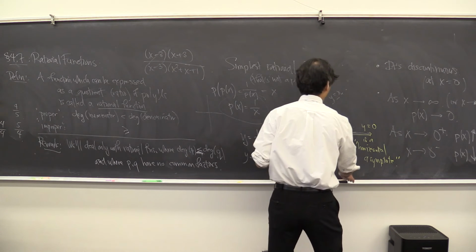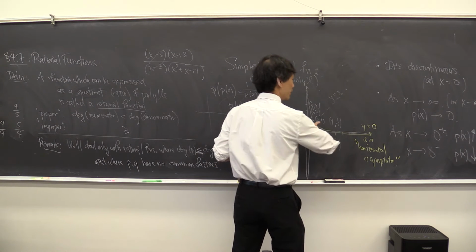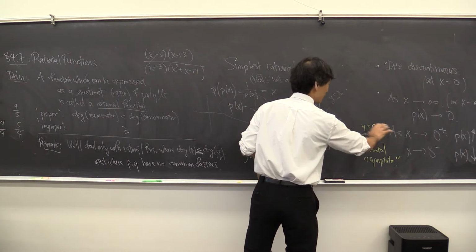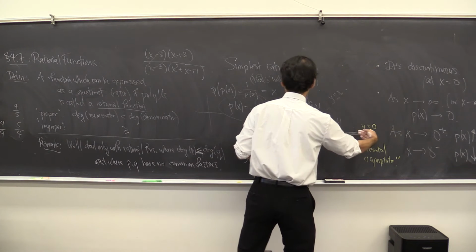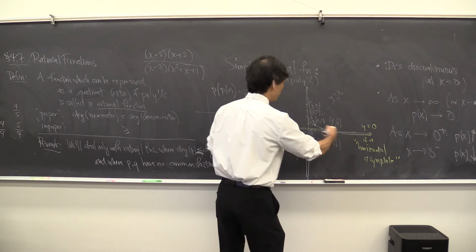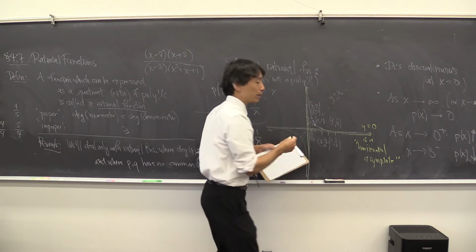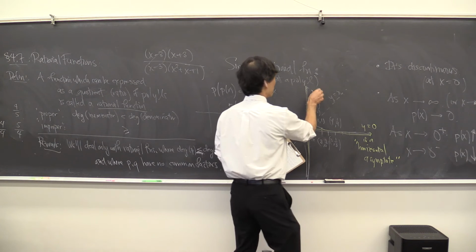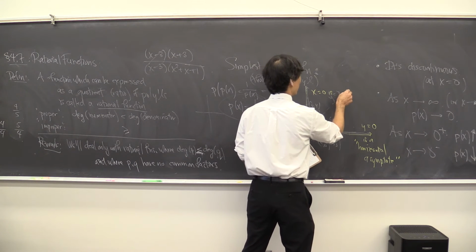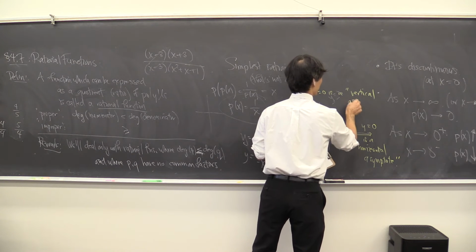Okay, so here, we've got these asymptotes. As you head off in this direction, the function basically becomes the line y equals 0. As you head off in this direction, the function basically becomes y equals 0. As you head close to 0, the function basically becomes the line x equals 0. So x equals 0 is what's called a vertical asymptote.